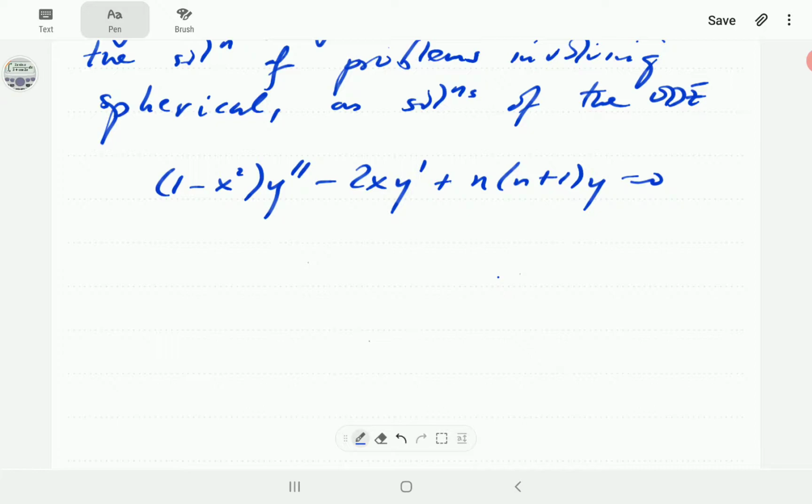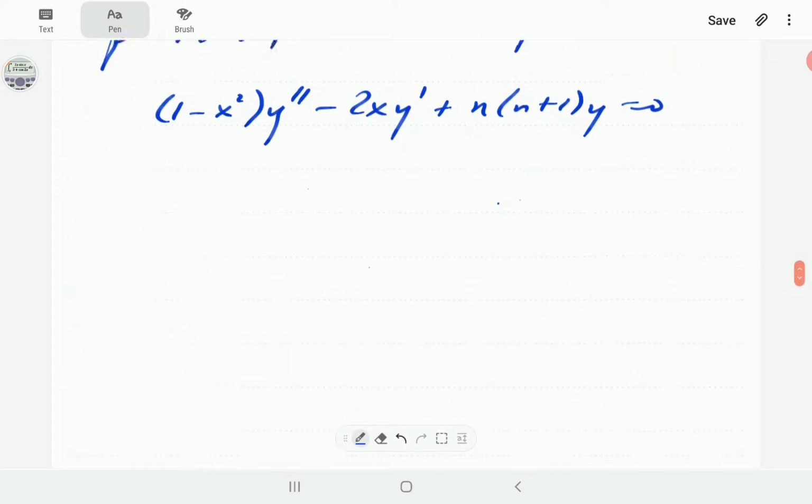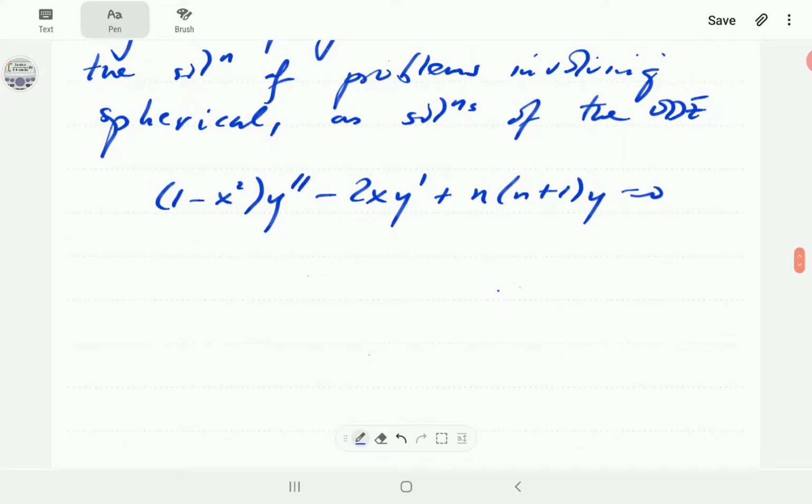This ODE is called the Legendre differential equation. So they can be defined using this equation.